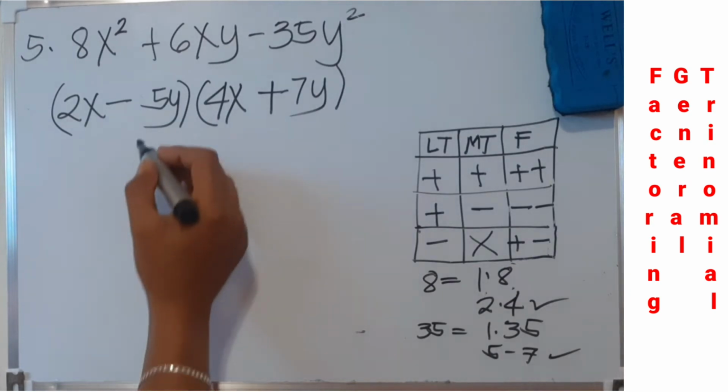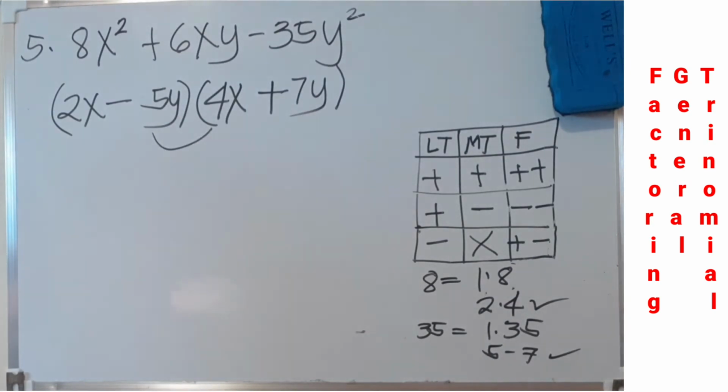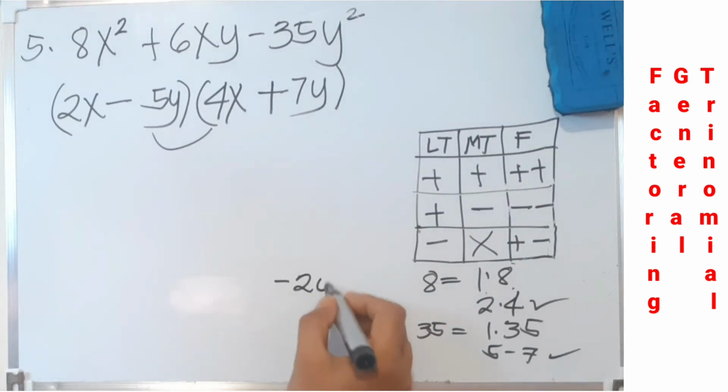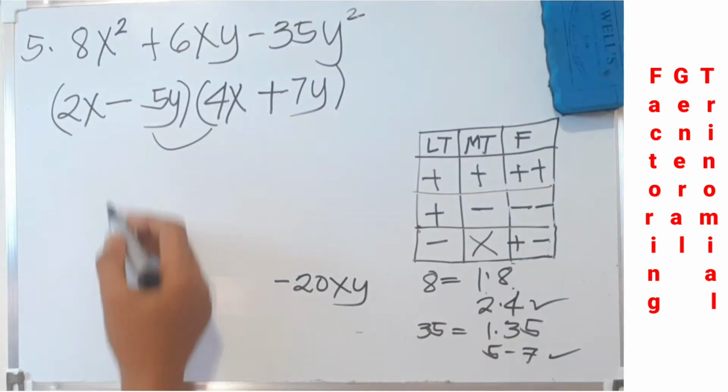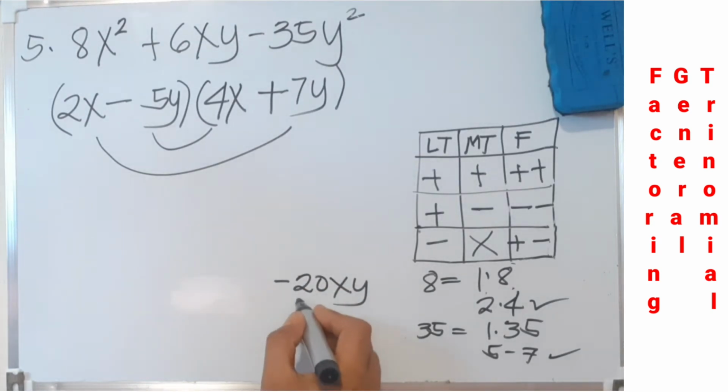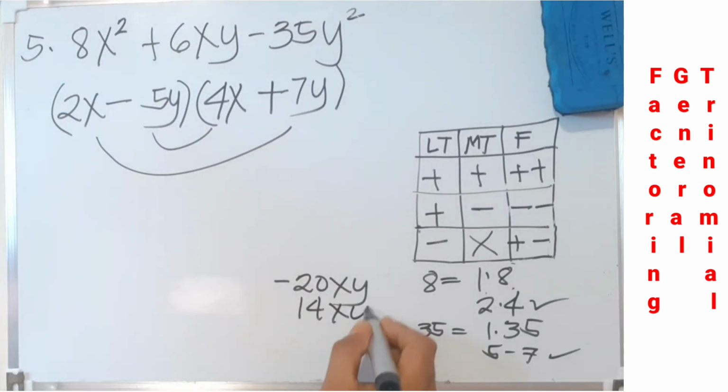Okay, next. Negative 5y times 4x is negative 20xy. 2x times 7y is 14xy. They are different signs, so subtract 20 minus 14 is 6xy.